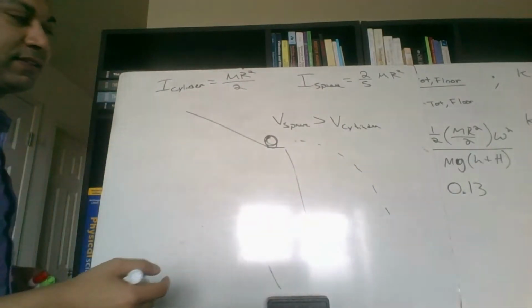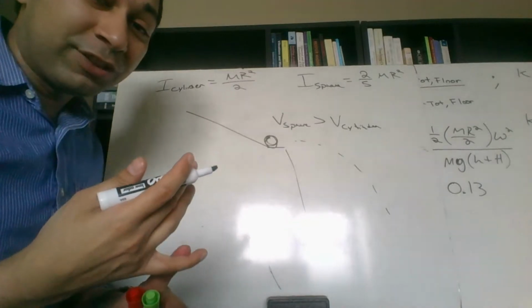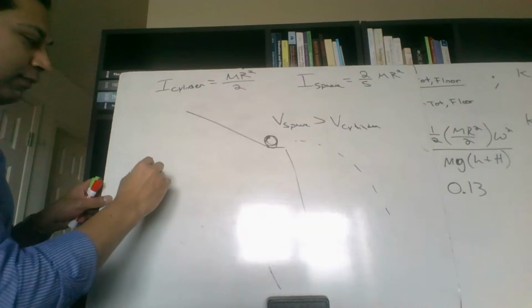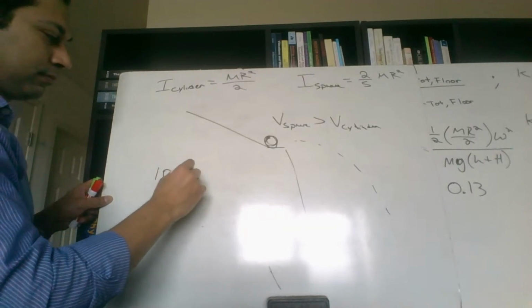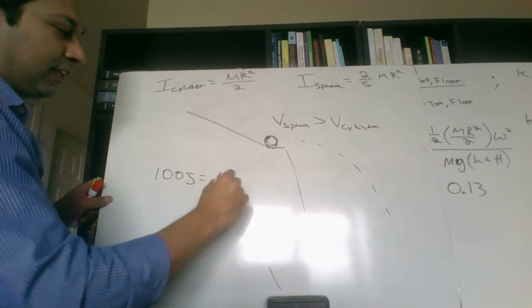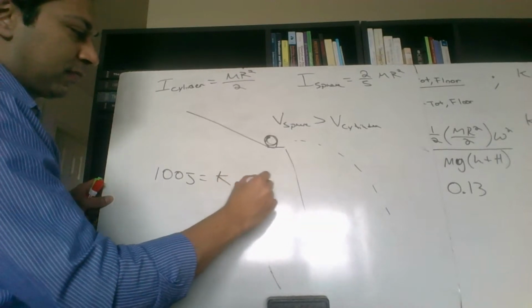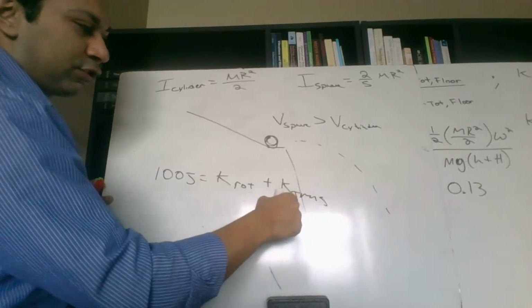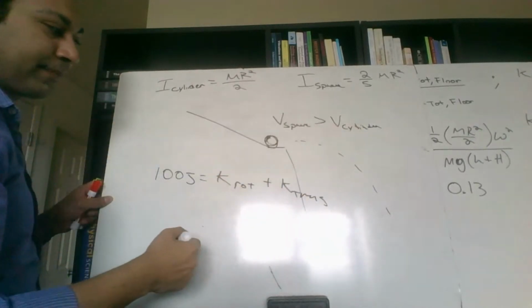And the reason for that is because the translational kinetic energy will be greater. So imagine this. You have 100 joules, and you have rotational kinetic plus translational kinetic. Translational is what this is about.